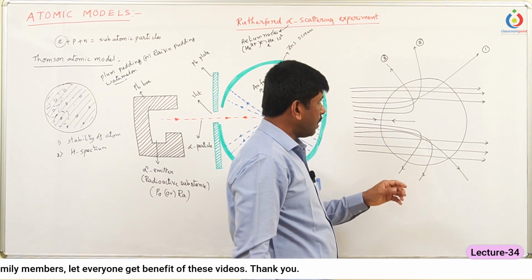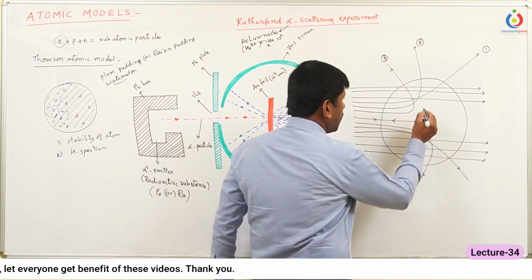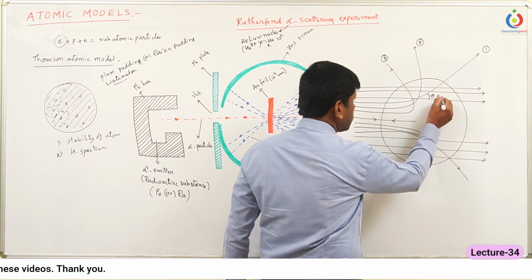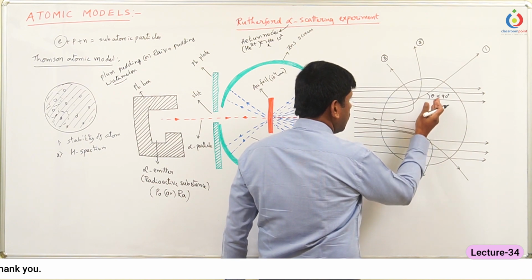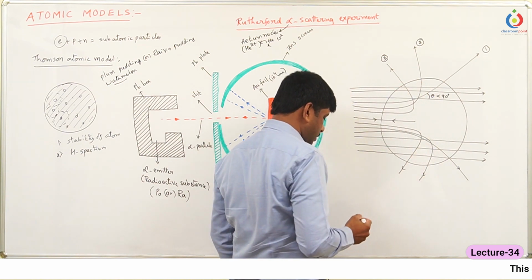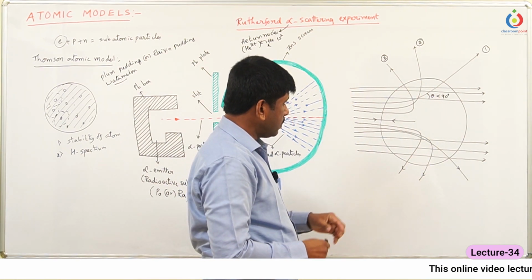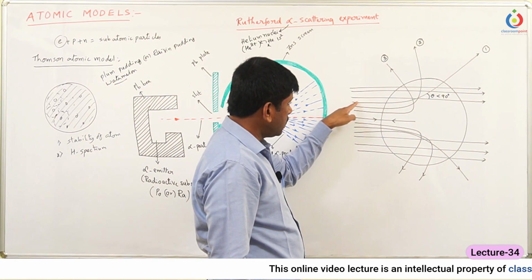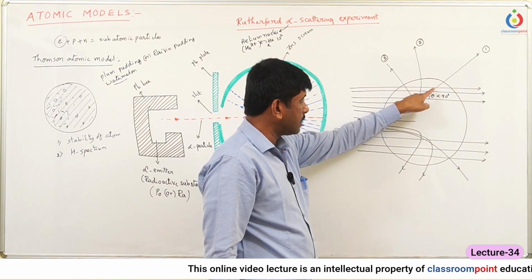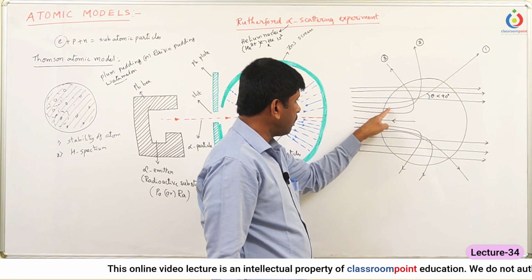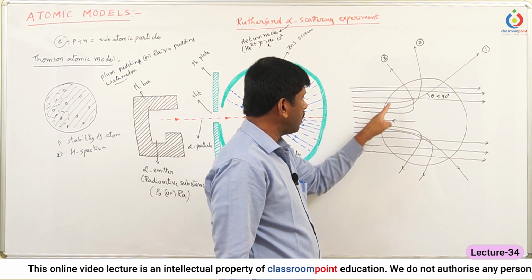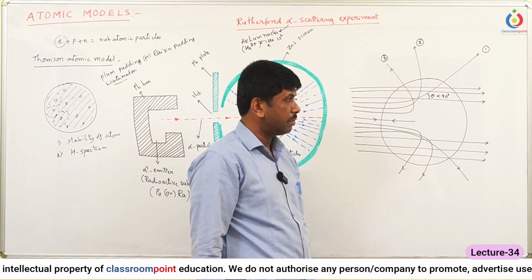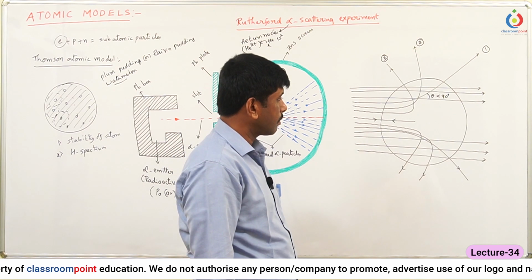When we see these alpha particles, the angle theta is less than 90 degrees, but the theta value gradually increases. This alpha particle is making a small angle, this one a little more angle, and this one still more angle, greater than 90 degrees.